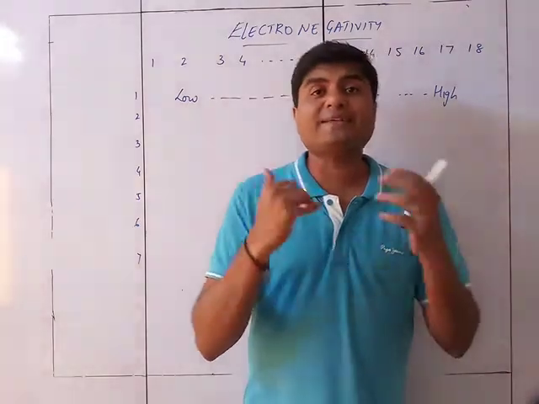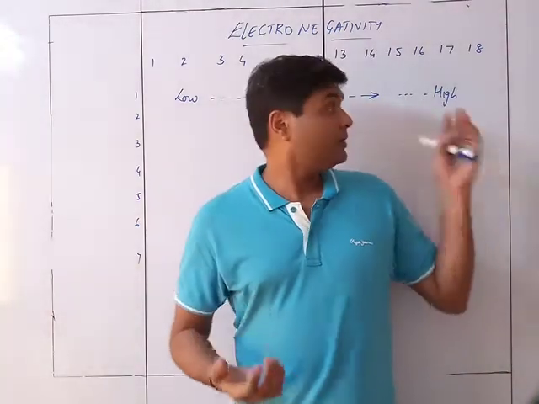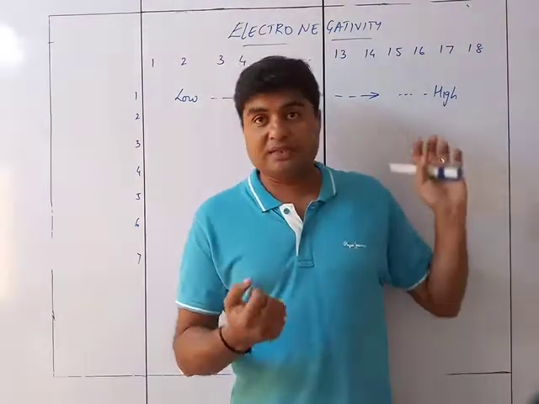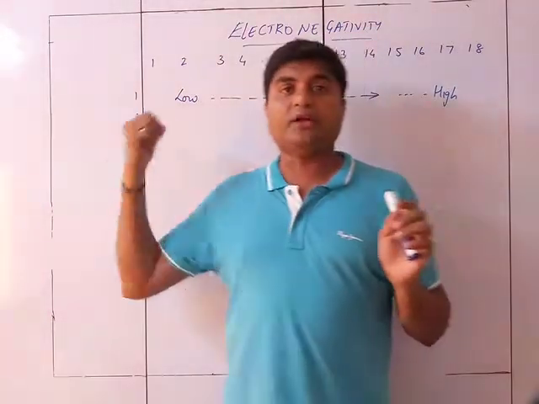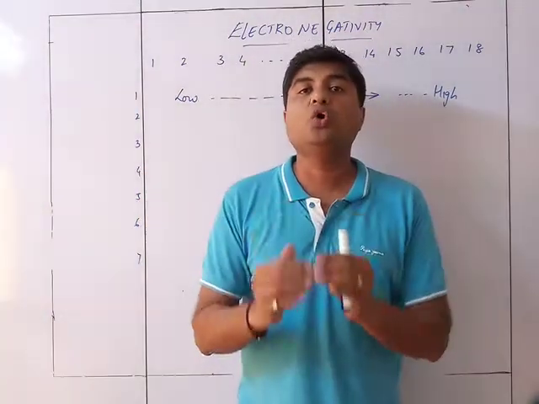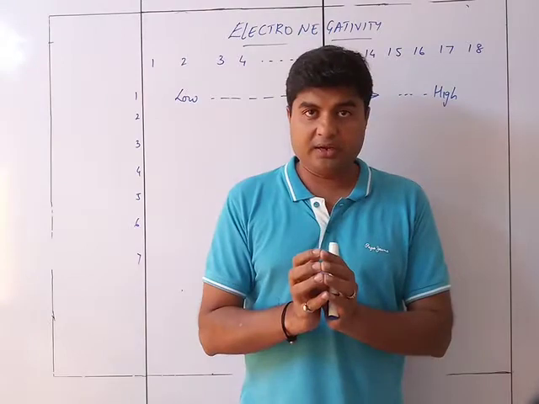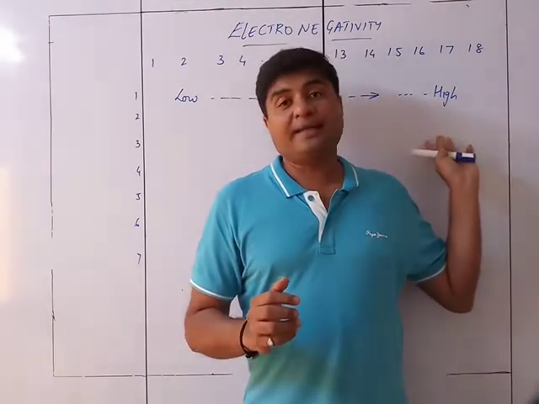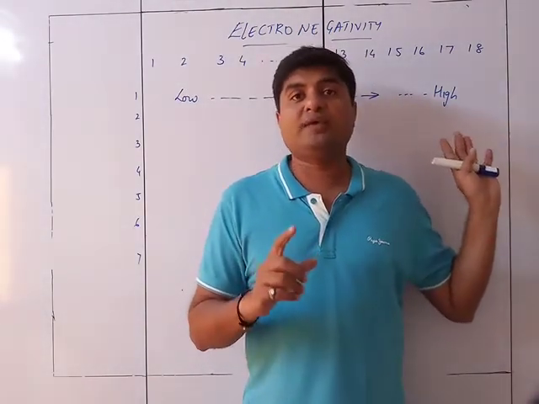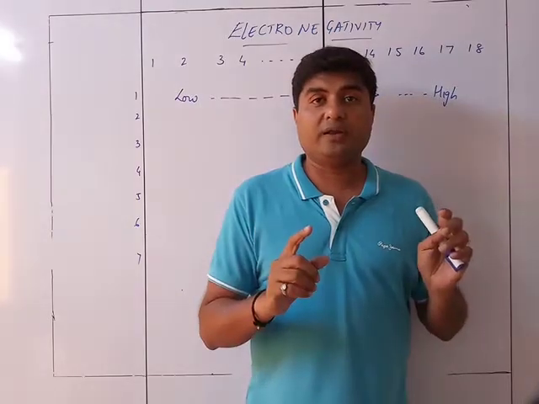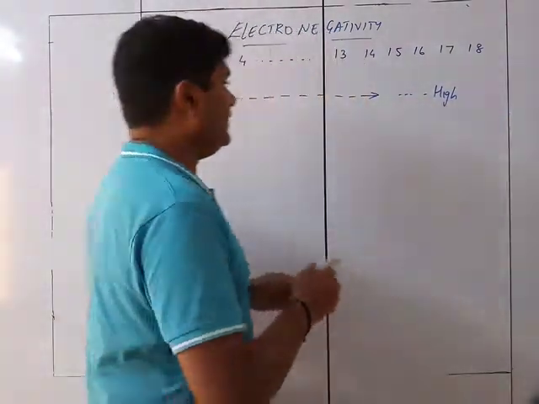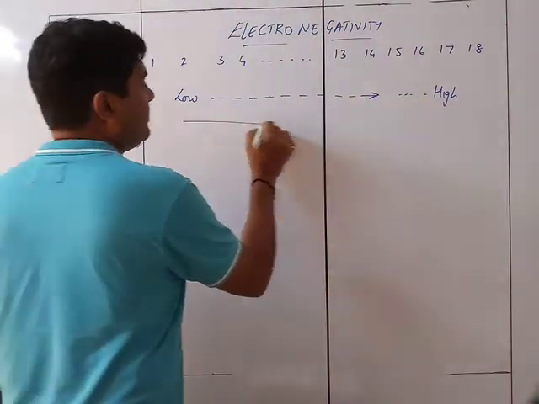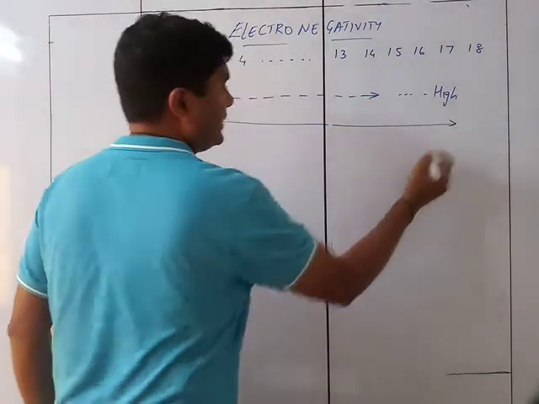So because they are accepting electrons, they are the electron acceptors and these are the donors. That's why the donors will always have a low electronegativity, whereas the acceptors, that are the non-metals, will always have a higher electronegativity.